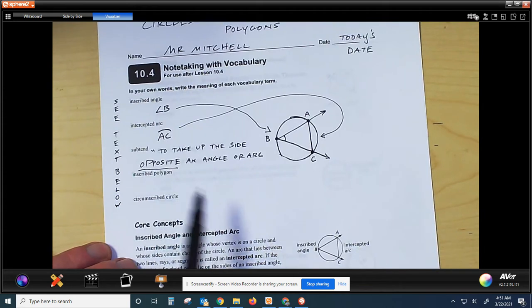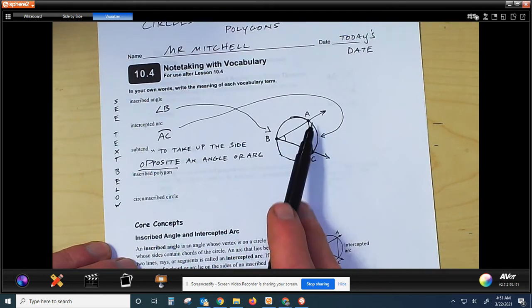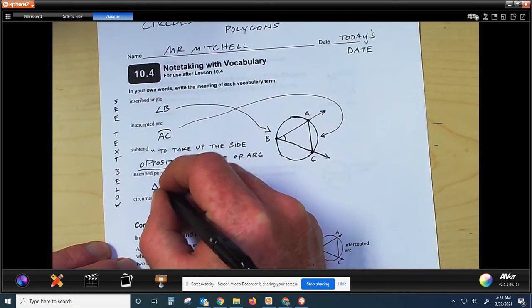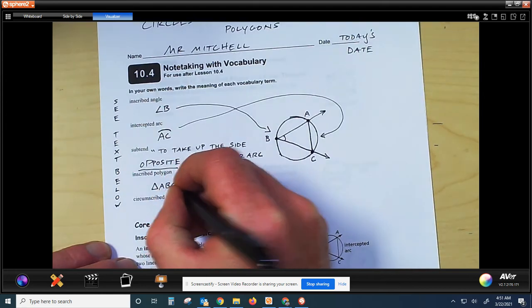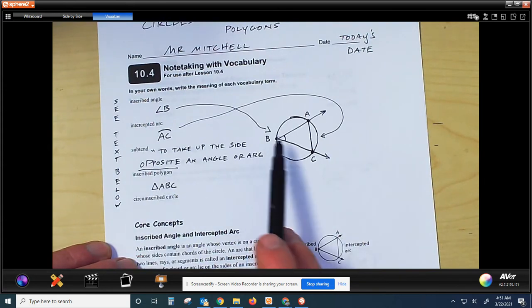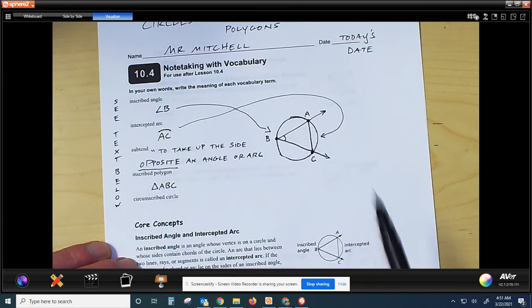Okay. Inscribed polygon. There is a polygon inscribed in this circle. This one is a triangle. So let's name it. Triangle ABC is inscribed as a polygon, a multiple-sided figure. It's got its vertices on the edge of the circle.